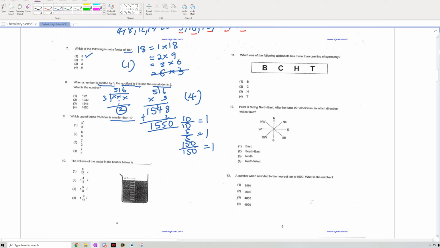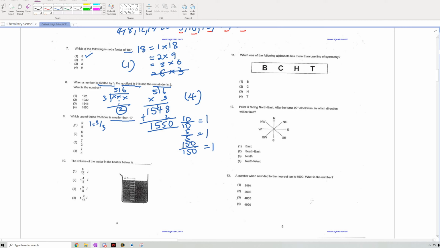So over here for option 1, the denominator is 3. So 1 is equal to 3 over 3. Now let's compare the numerator, as 5 is greater than 3. That's how we know that this number is bigger than 1.